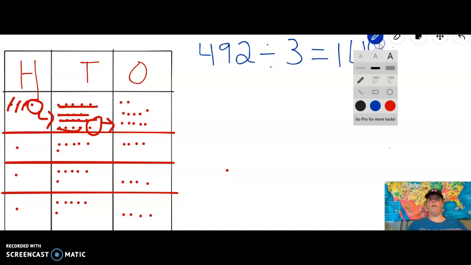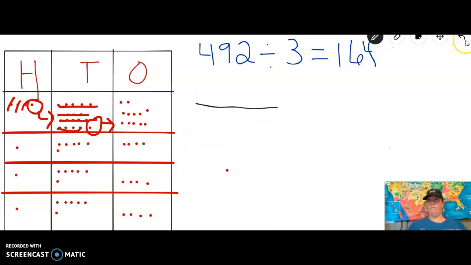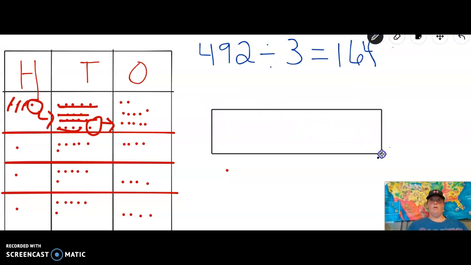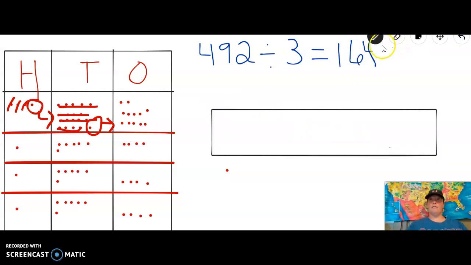All right, here we go. So remember, when we do our open area model, let's get our rectangle going. Okay, perfect. Remember, it doesn't have to be perfectly to scale. But let's look. So if we're dividing 492 divided by 3, we know that 4 is in the hundreds place, right?